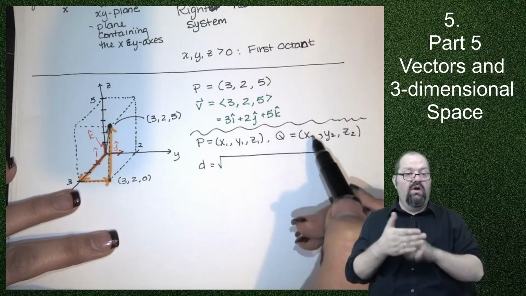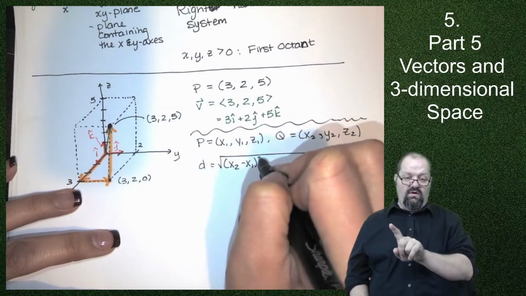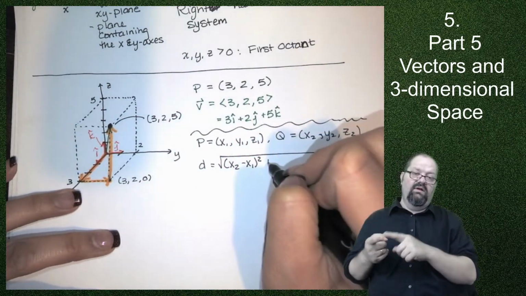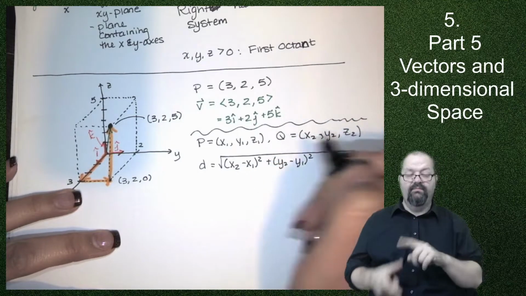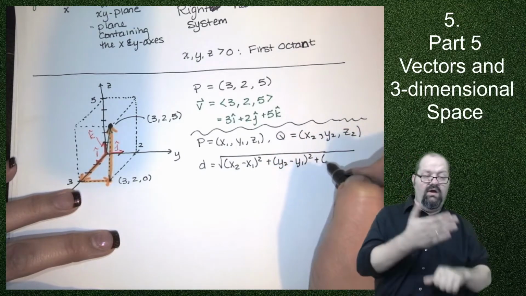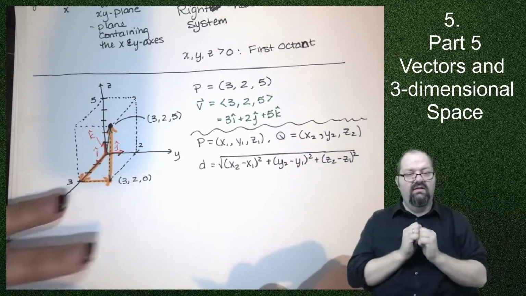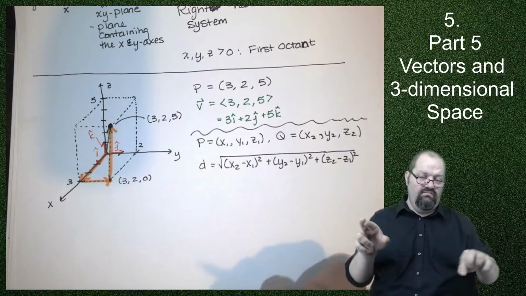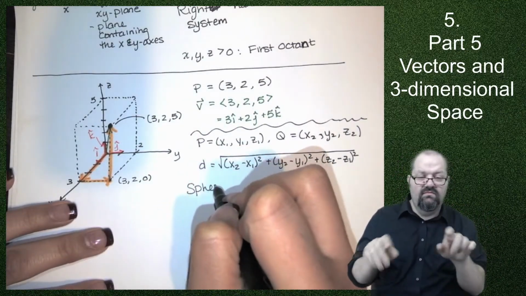I do x2 minus x1, then I square that, and then I do y2 minus y1, and I square that, and then z2 minus z1, and I square that. Then we want to add those together and take the square root. That's our distance formula.